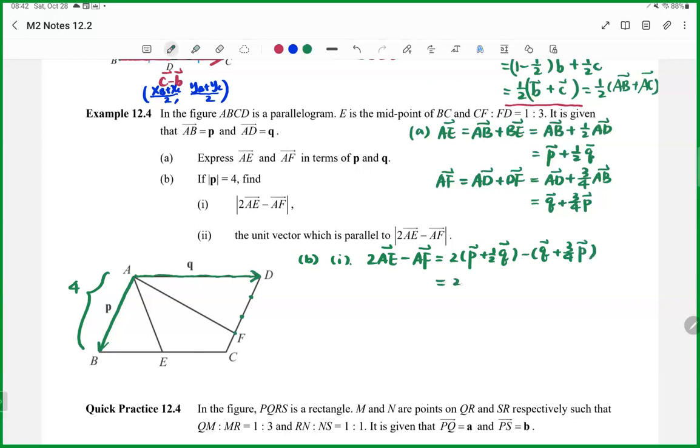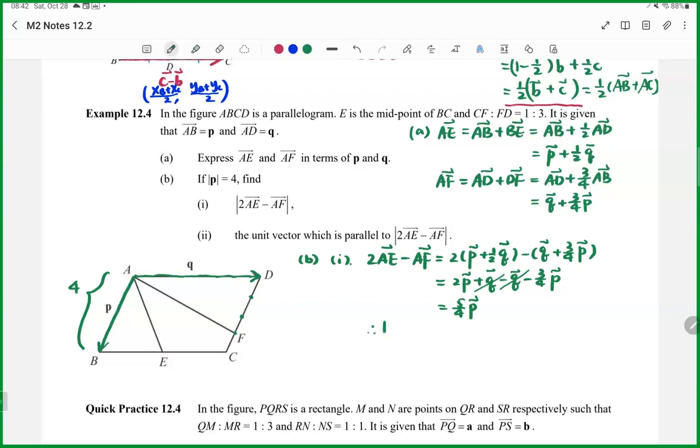That is 2P plus Q minus 3 over 4P, and the answer is 5 over 4P. Right? Okay. So it's 5 over 4P.